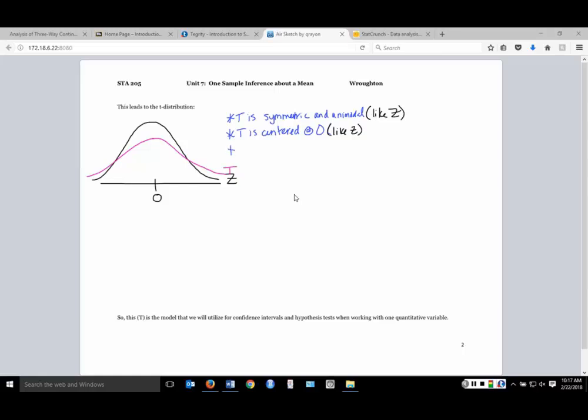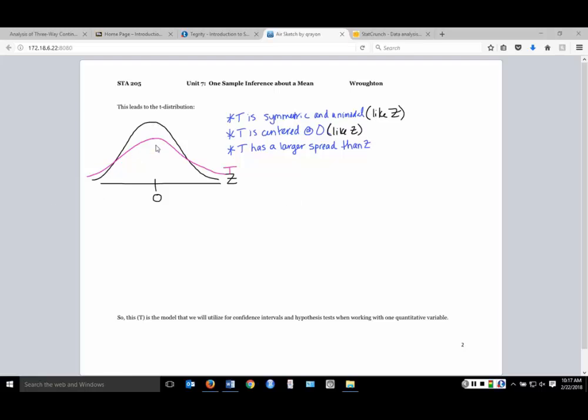What is different, T has a larger spread than Z. That's kind of why I describe it as a squished one.